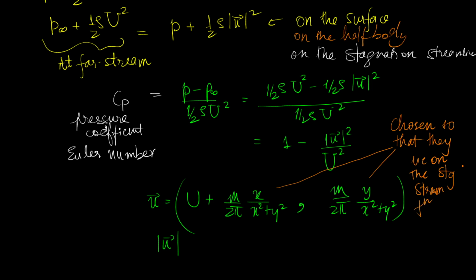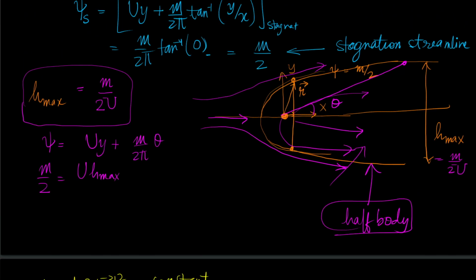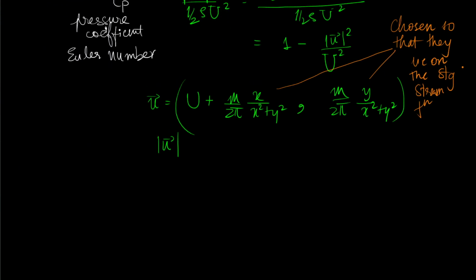So how do you find the values on the stagnation stream function? If you choose a certain x, you know that this stagnation stream function has this particular form. So once you have fixed x, then automatically y has to be found out using this. Let me just quickly write it down. Once you've chosen x, then how to find y?